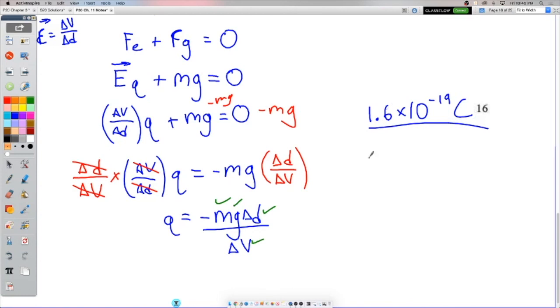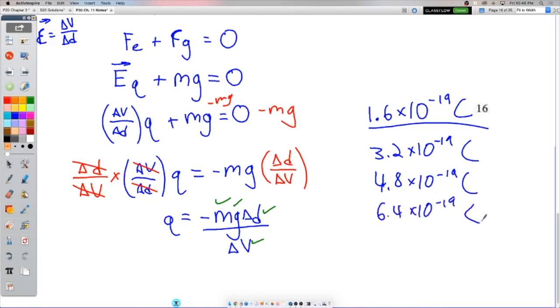So you might see 3.2 times 10 to the negative 19 coulombs. You might see 4.8 times 10 to the negative 19 coulombs on the drop. Millikan might have seen 6.4 times 10 to the negative 19 coulombs. You see where I'm going with this. It was always a multiple of this.